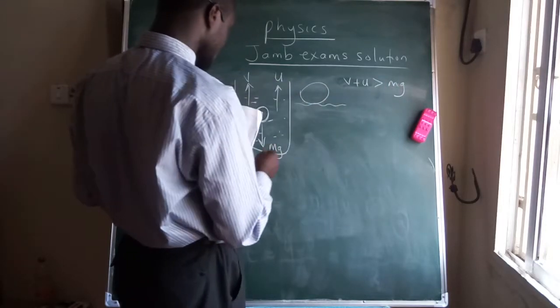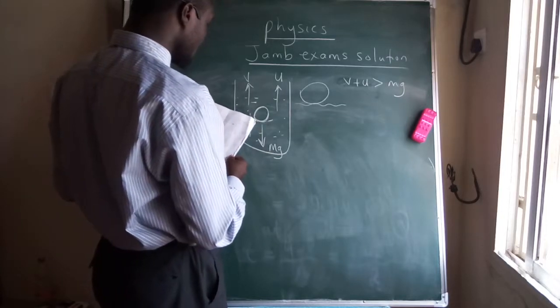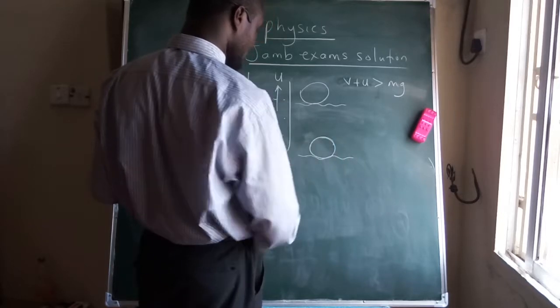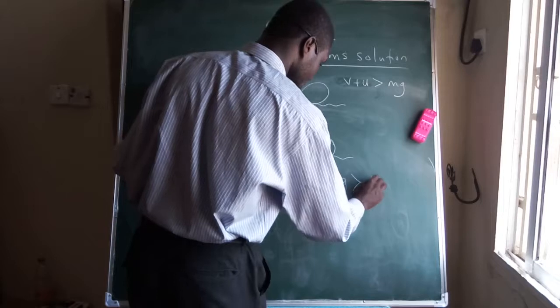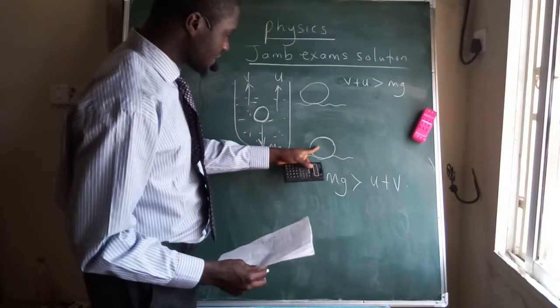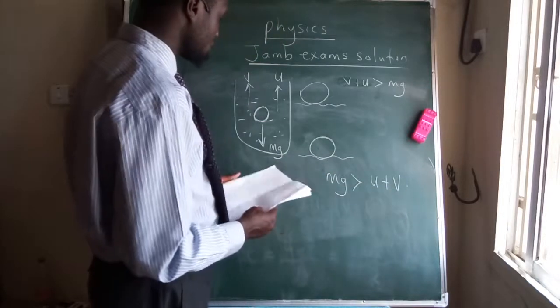That is why it did not sink into the water. Now, if it goes to the bottom of the liquid, it means mg is greater than the summation of these two forces, meaning the weight is greater than the upthrust combined with the viscous force.